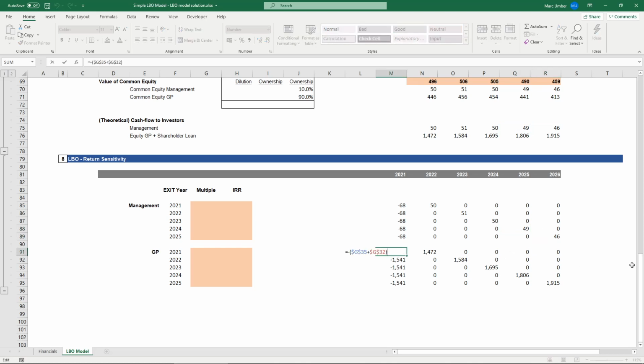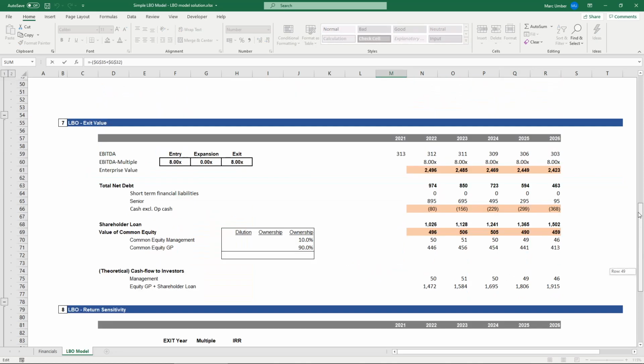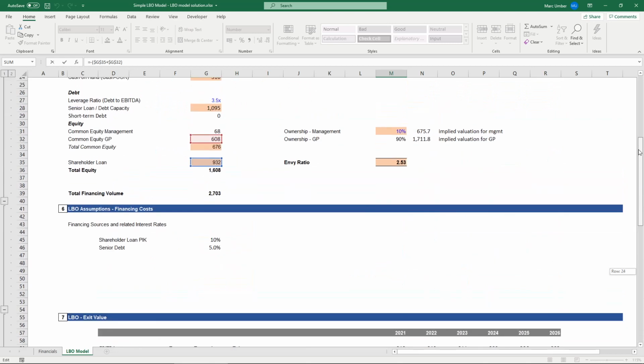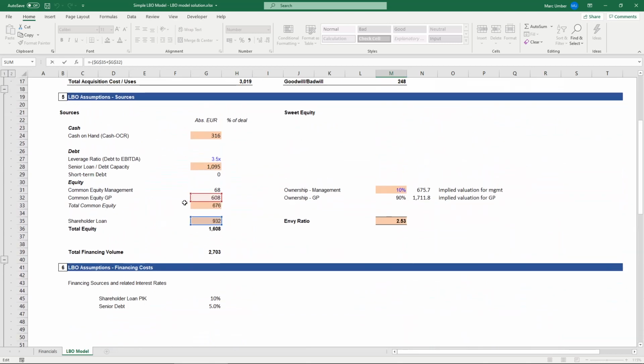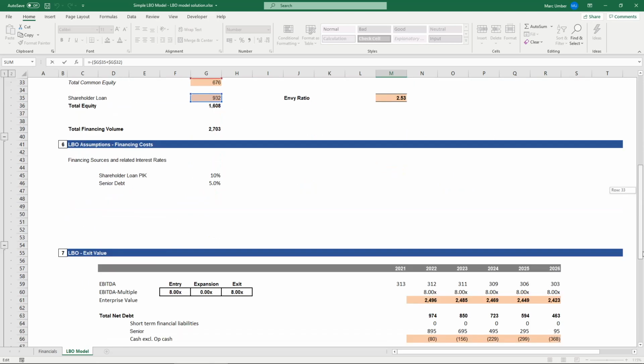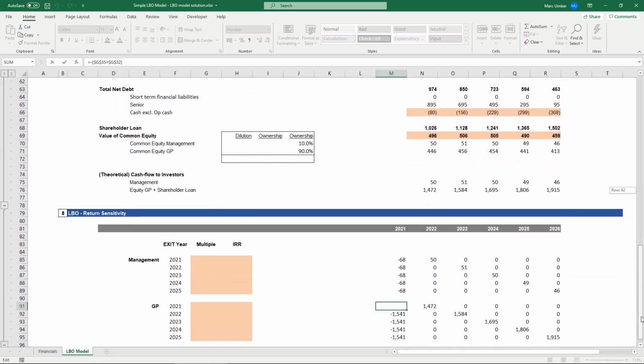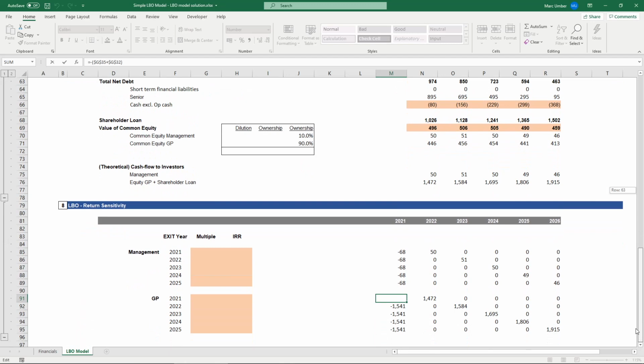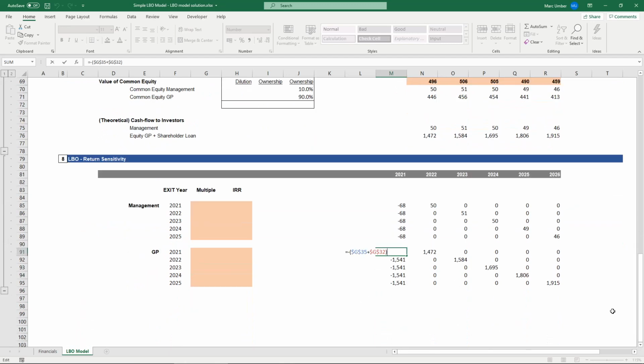We do have the initial outlay of the common equity that the general partner put in, plus the shareholder loan. This was this total amount of equity. And we link to the respective year. This is on a hypothetical basis.